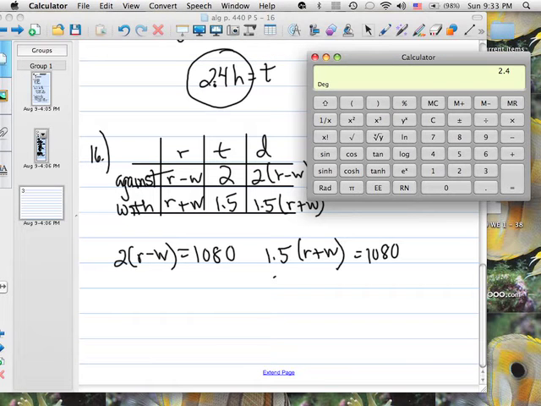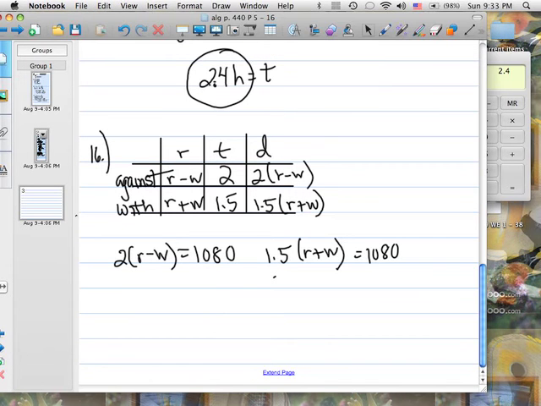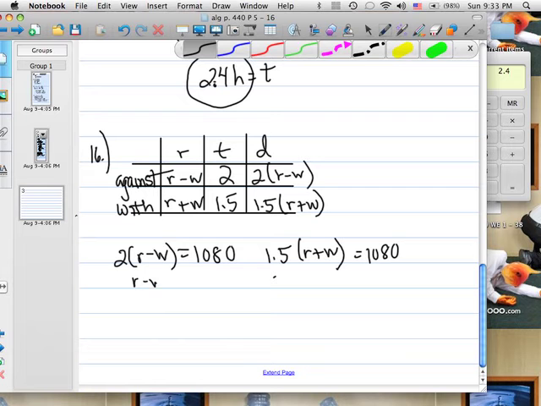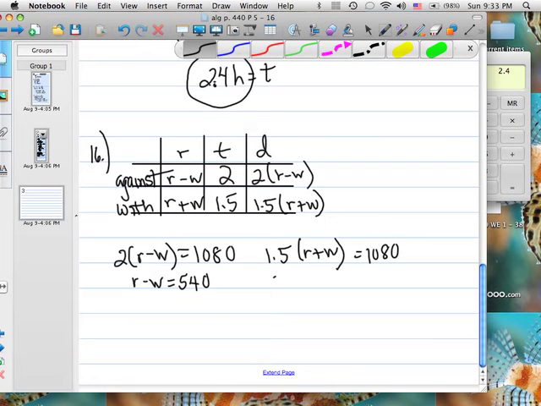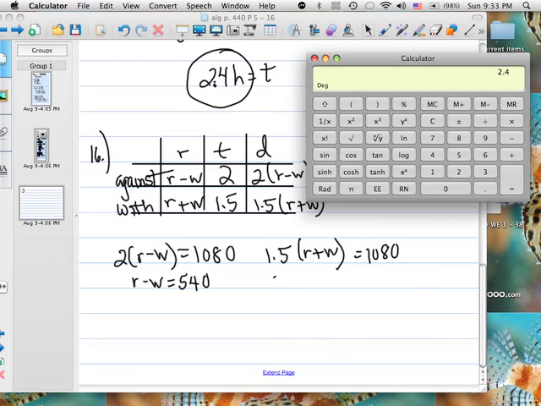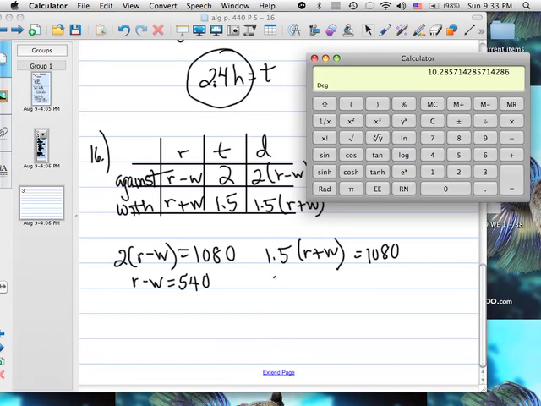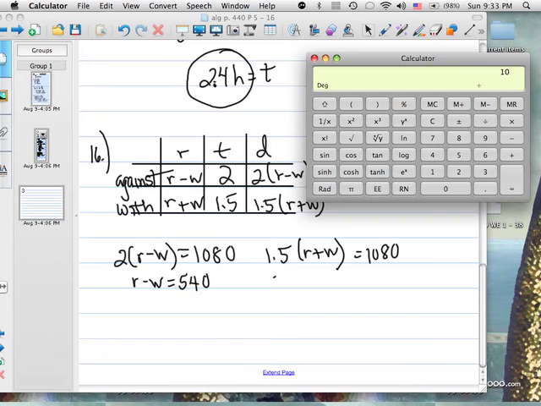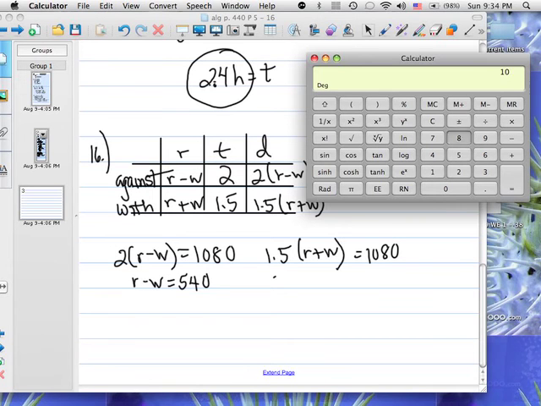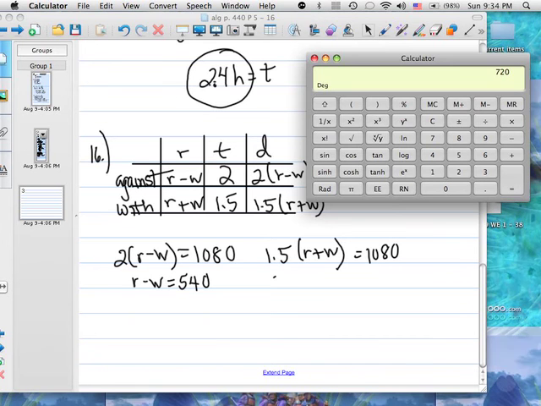If we divide the first equation by 2, we get R minus W equals 540. And if we divide the second one by 1.5, oops. Let's try that one more time. 1,080 divided by 1.5 gives us 720.